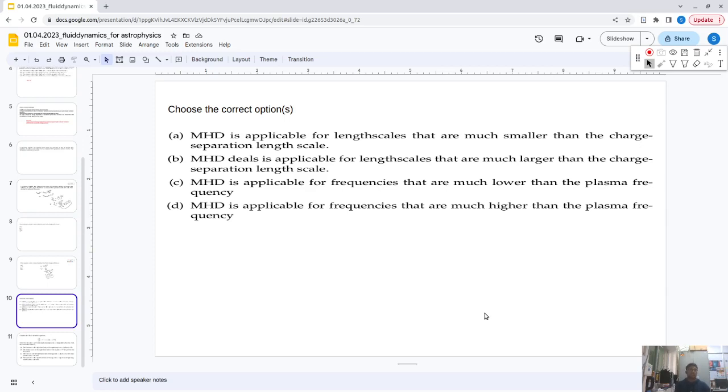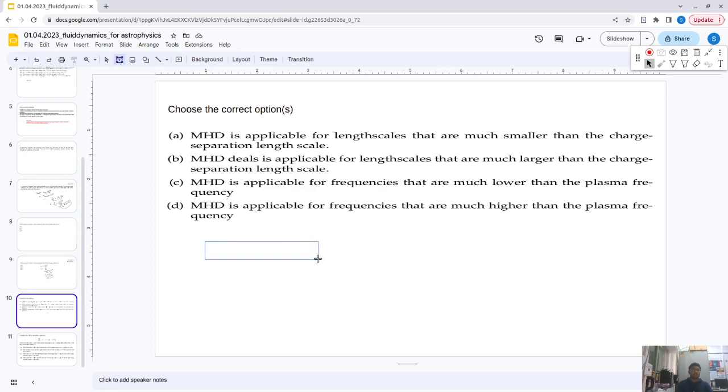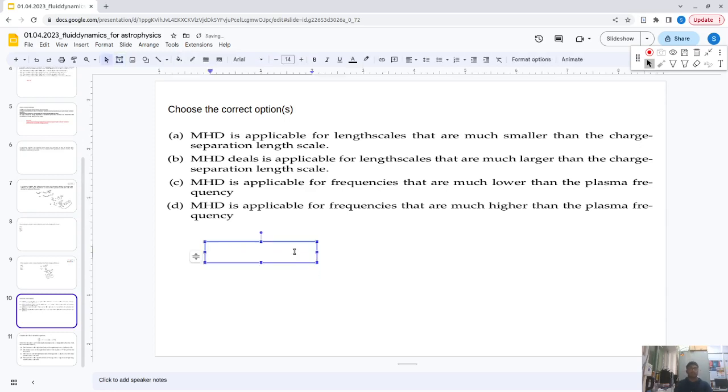MHD is applicable for frequencies that are much higher than the plasma frequency, which is obviously not correct. So if we look at the options, the answer is B and C.